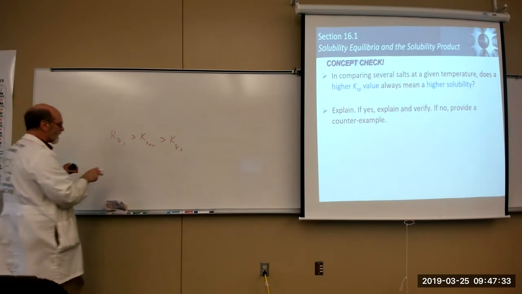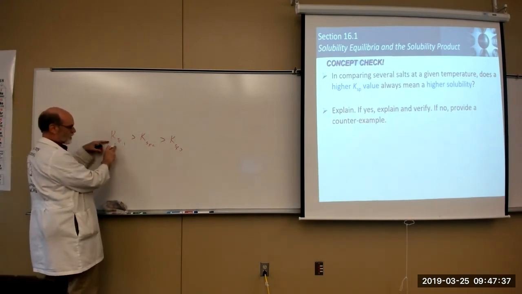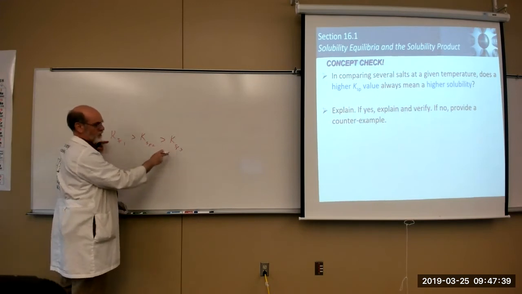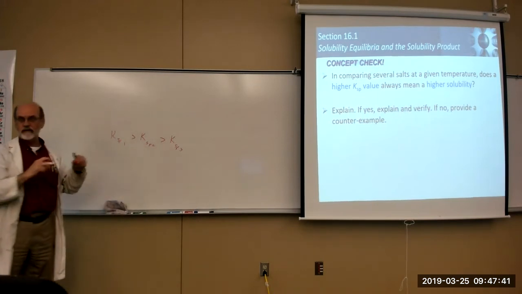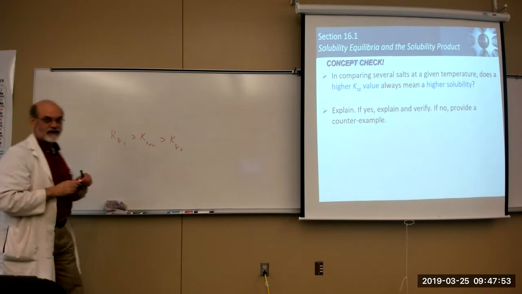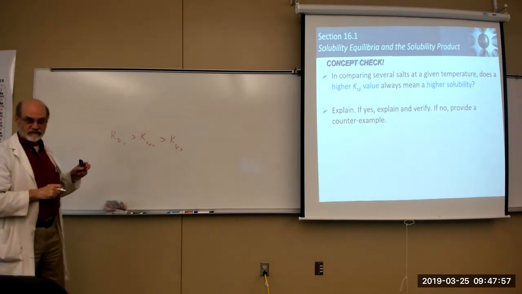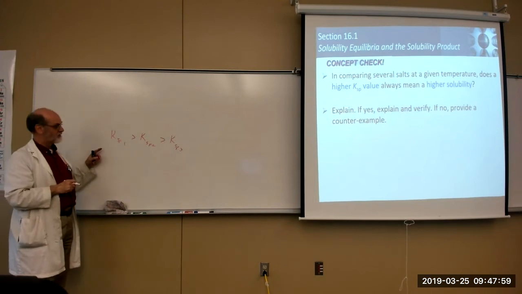Does this automatically mean that this one's solubility is greater than that one, is greater than that one? You know, I can logic my way to think that the answer is no. Not necessarily, but I'm not sure if I could explain why.